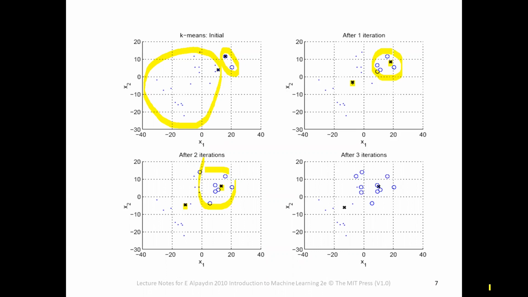Otherwise, it could happen that in some infinite cycle, we will update the positions for the reference vectors, and we never reach some state where the reference vectors will not move. Some simple reason.